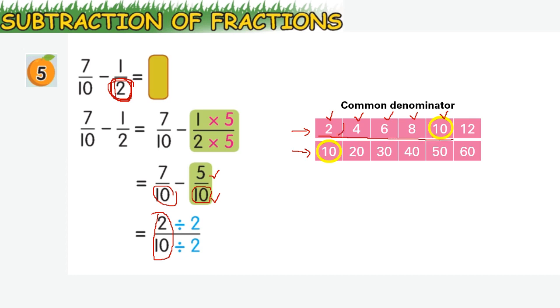So 2 and 10 are not in simplest form. So we have to divide by 2. Each numerator and denominator we have to divide by number 2. So 2 divided by 2 is 1. 10 divided by 2 is 5. Now we find the simplest answer. So 1 over 5 is the final answer.